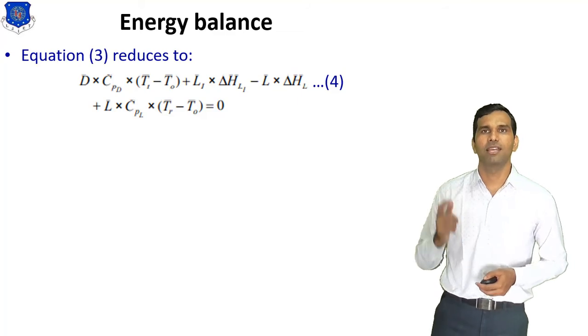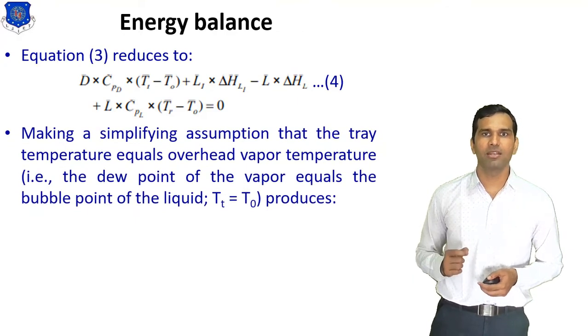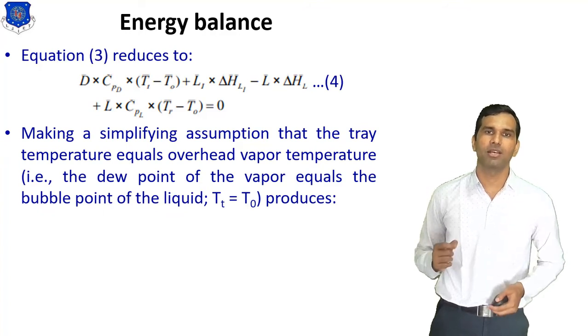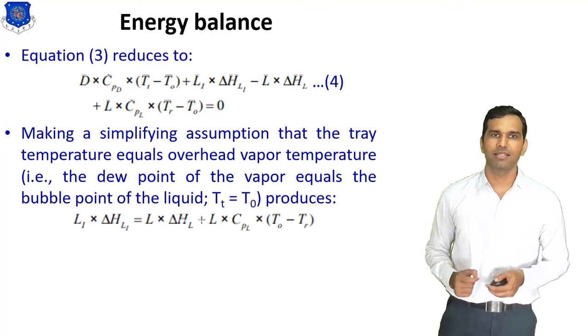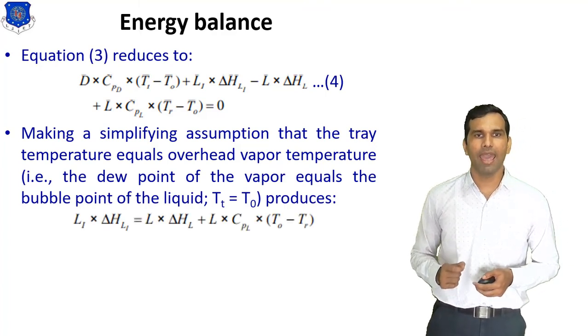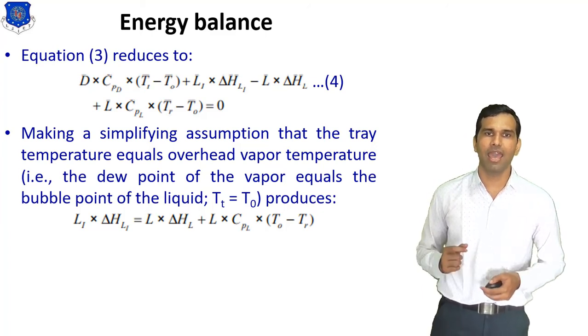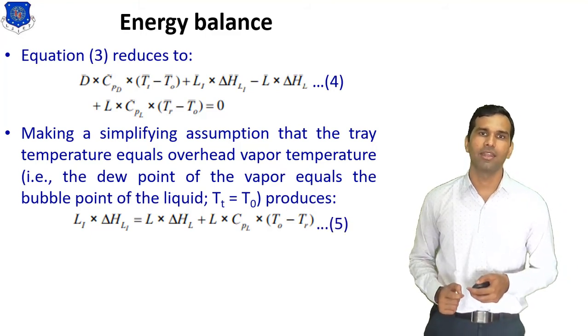We give this as equation number 4. Making a simplifying assumption that the tray temperature equals the overhead vapor temperature, we get LI times delta HLF is equal to L times delta HL plus L times CPL times (T0 minus TR).